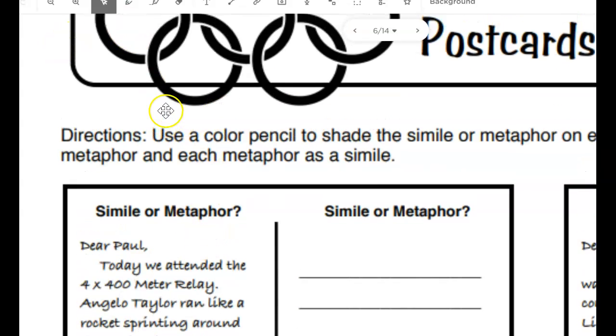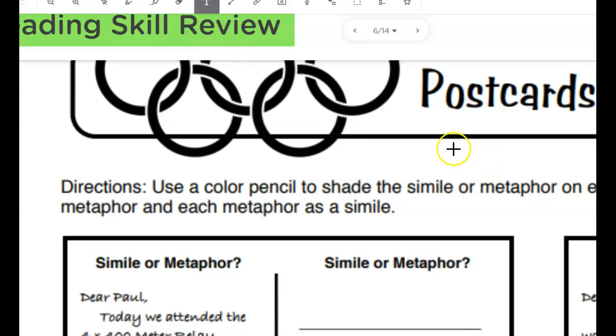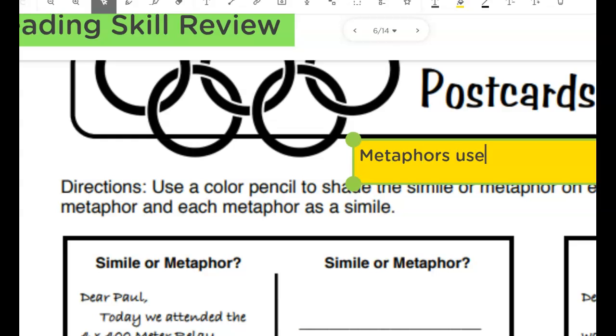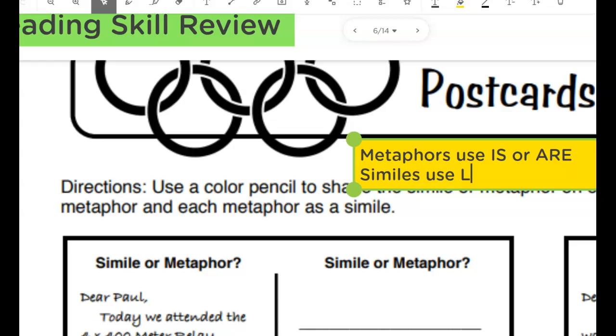All right, so I'm going to make a little key at the top to help me and to help you out. That metaphors use is or are, and similes use like or as.